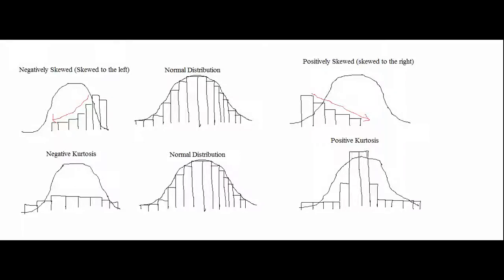The peak is more distinct than in a normal distribution because you actually have this tall and narrow peak that appears in the middle right here in the graph. So actually in a negative kurtosis, the peak of the graph is flatter and wider than the normal distribution. And in a positive kurtosis, the peak is narrower and taller than in the normal distribution.